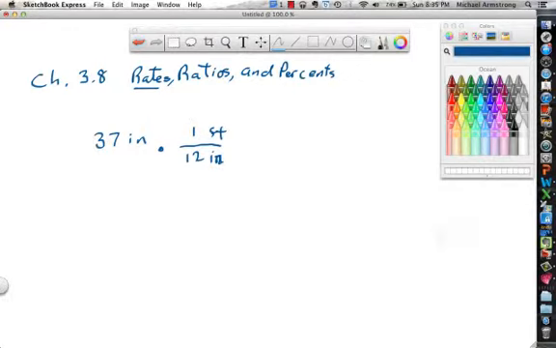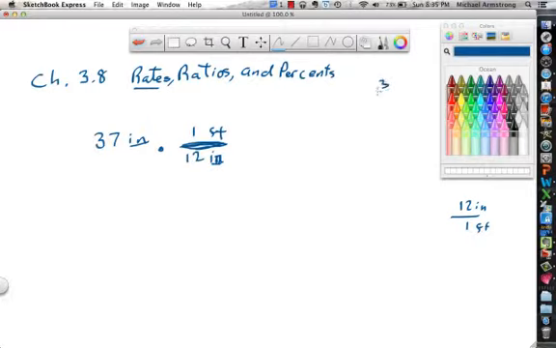Now I could have written 12 inches in 1 foot, but that wouldn't have done us any good, because we want to multiply in such a way that we are left with feet and have no inches left. So when I multiply by a unit rate, I need to make sure that my fraction has on the bottom whatever is on the top of the thing that I'm multiplying by, so that they cancel.